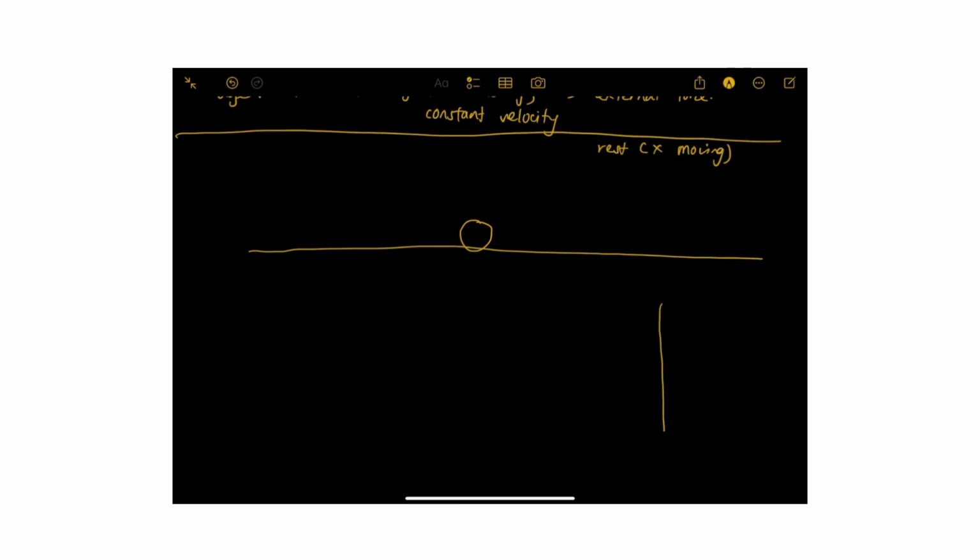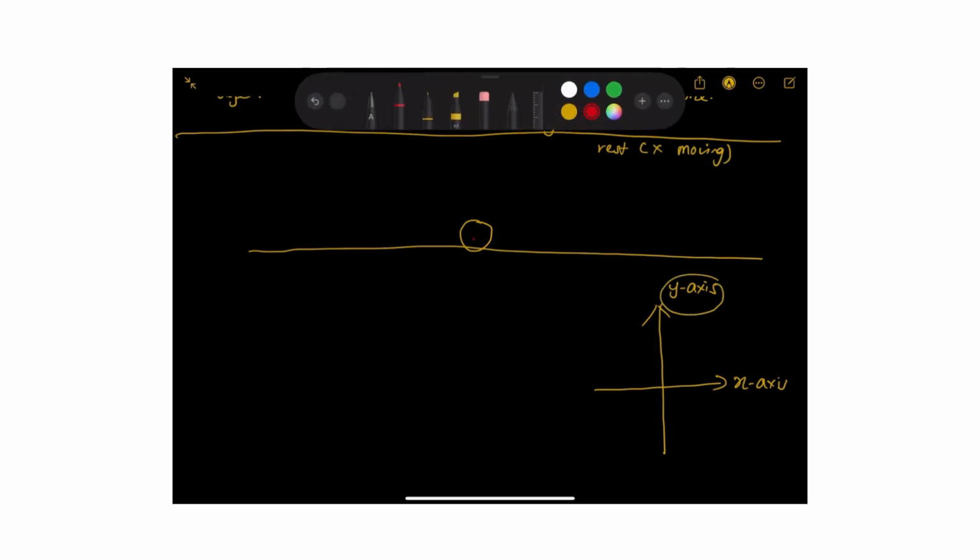So imagine this is the axis. We have x-axis and we have a y-axis here. So let's talk about the y-axis first, which is the downward force and the upward force.